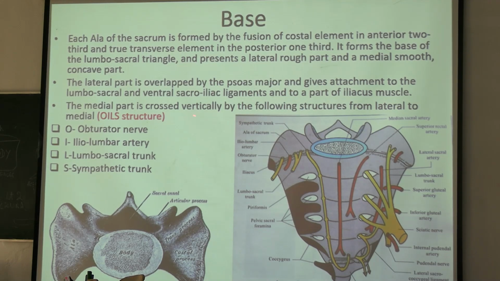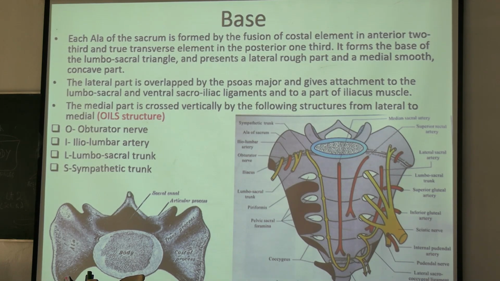The medial part is crossed vertically by the following structures from lateral to medial. This medial part is crossed by these four structures. From lateral to medial, this is the obturator nerve, iliolumbar artery, here is the lumbosacral trunk, and sympathetic trunk. Three nervous structures and one vessel.